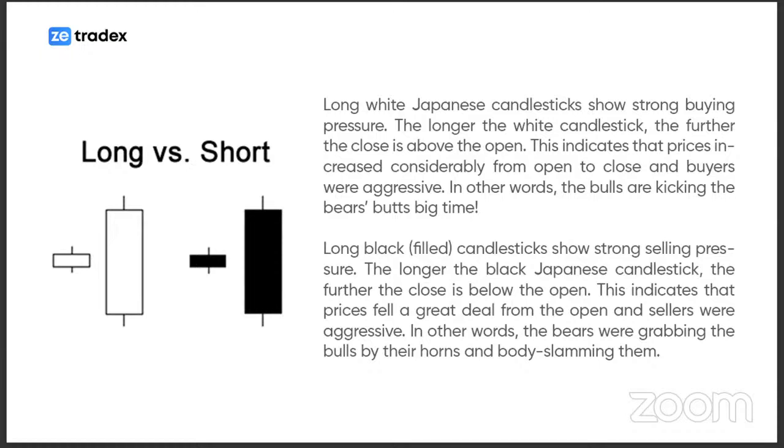This indicates that prices fell a great deal from the open and sellers were aggressive. In other words, the bears were grabbing the bulls by their horns and just slamming them down everywhere. Now, we also have what we call short candles, as you can see close to the large candles. They also signify something. Next page, please.